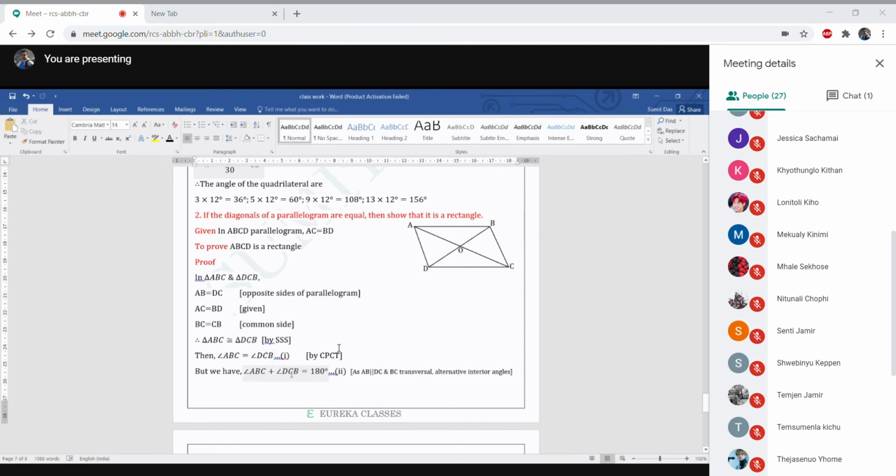From 1 and 2, if you replace, we get ABC equal to 180 divided by 2, which is equal to 90 degrees. Their sum is 180 and they are equal.